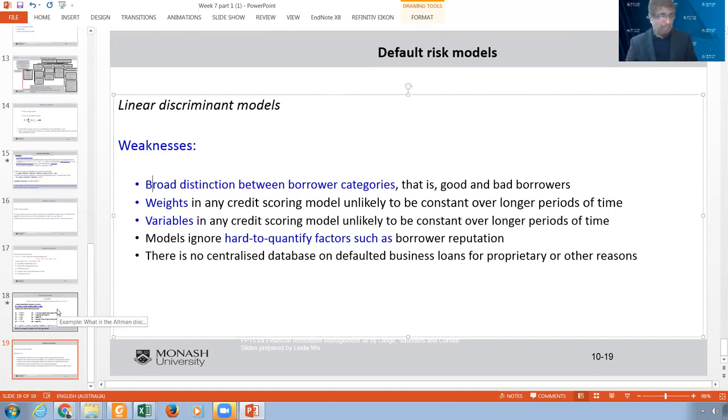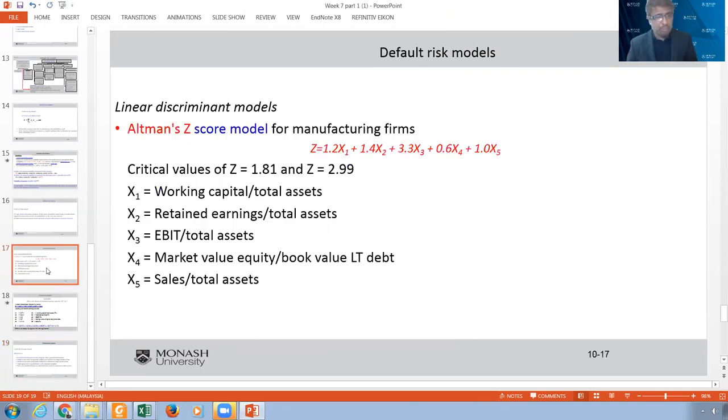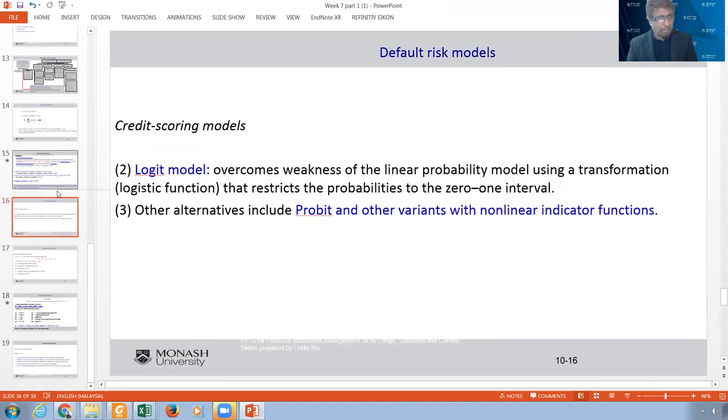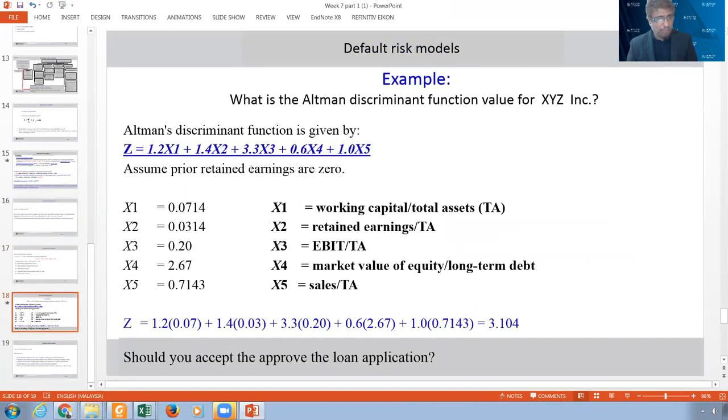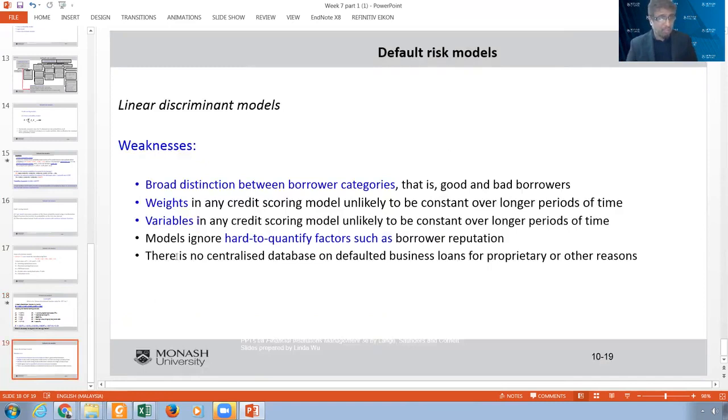But actually, if a group of banks here, or a bank, started to follow the Altman Z, it has to go and do the same methodology, and maybe they will come up with different coefficients instead of 1.2, 1.4, based on their probability setting. So this is the second weakness.